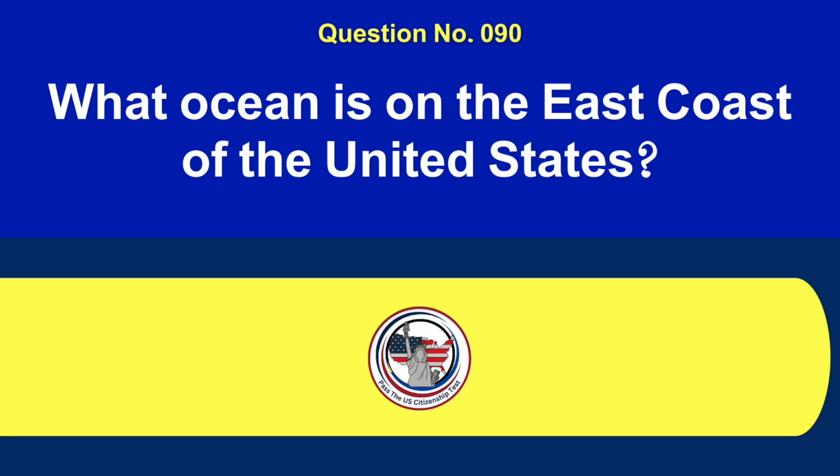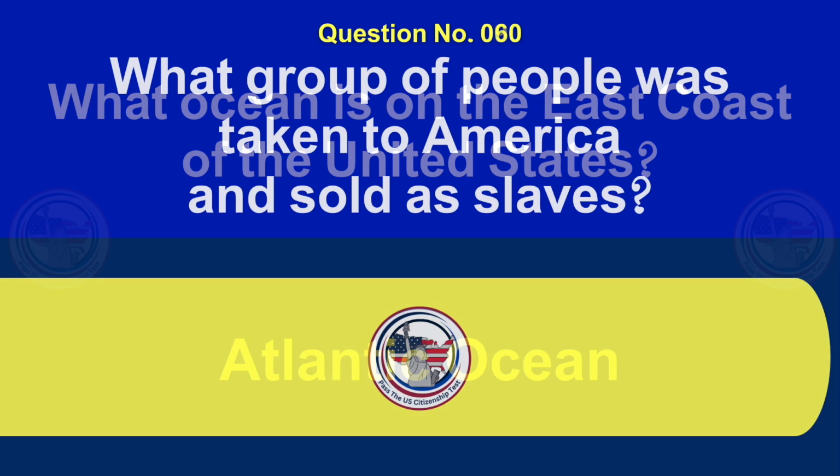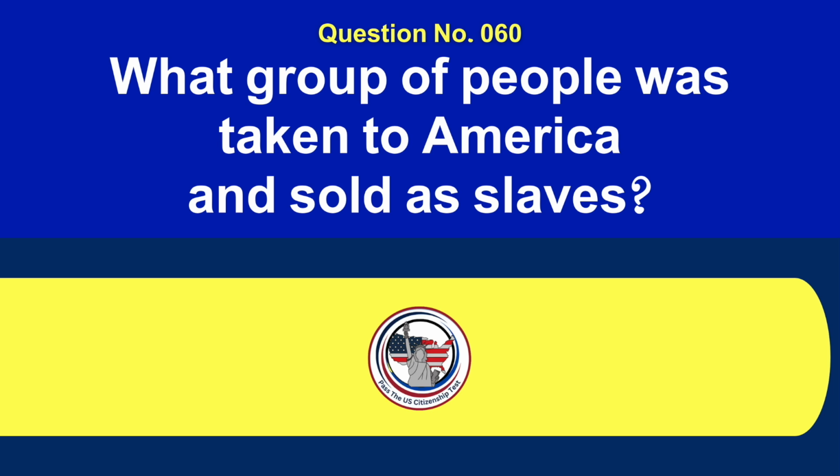What ocean is on the east coast of the United States? Atlantic Ocean. What group of people was taken to America and sold as slaves?